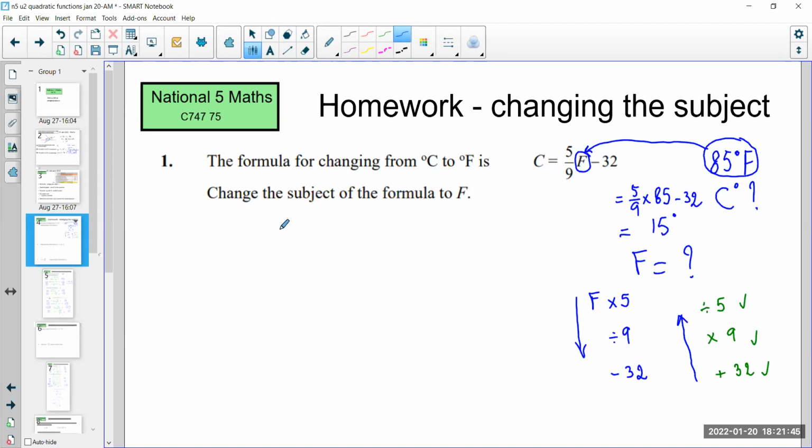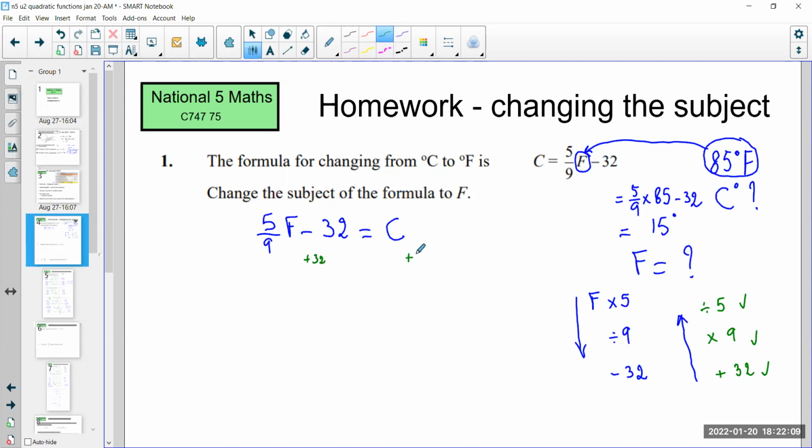So if I'm starting with, so I've seen someone even changing F on the left because they like to have F on that side. So that's fine. If you didn't do it that way, that's perfectly okay. So the first thing you will do is you're going to add 32 first.